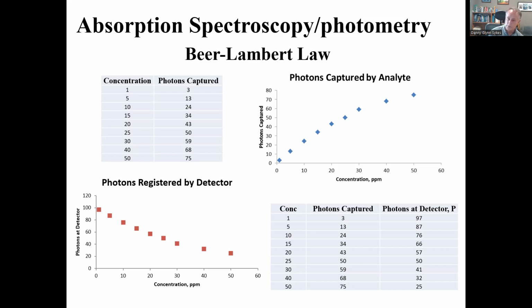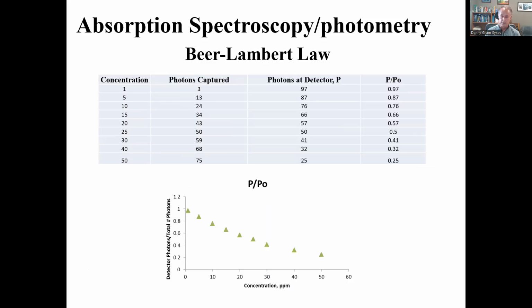And so I can plot photons captured versus the concentration, or I can say photons registered by the detector, those that made it through and hit the detector, as a function of concentration. And what we can see is that these are non-linear. And so if I do a ratio, P over P0, P0 would be 100.